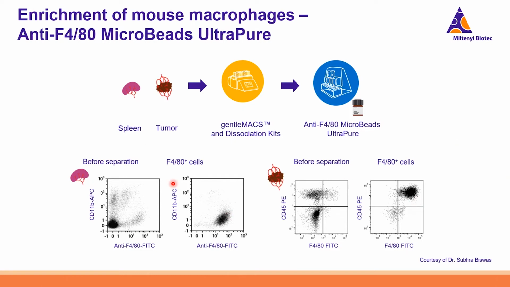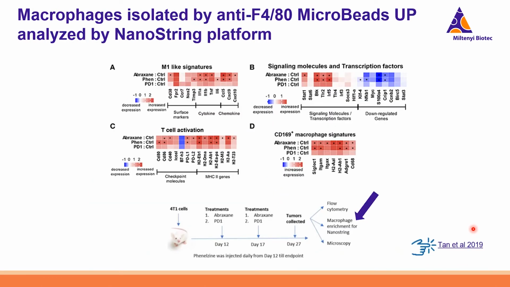This result was a collaboration with Dr. Subra Biswas in Singapore. This is just an example of a publication showing that macrophages isolated by anti-F4/80 MicroBeads UltraPure are ideal for downstream molecular analysis.